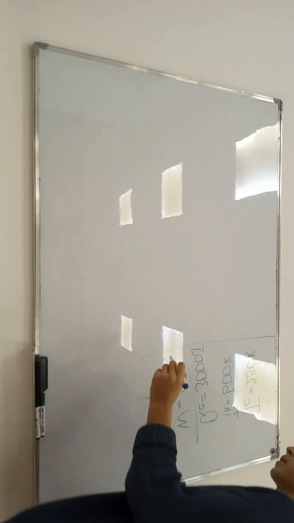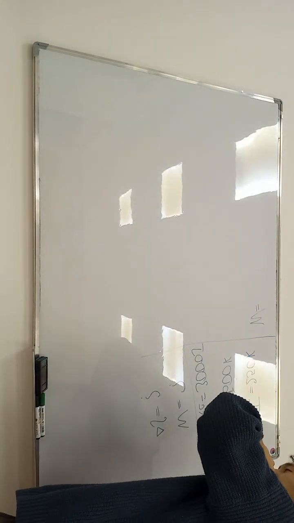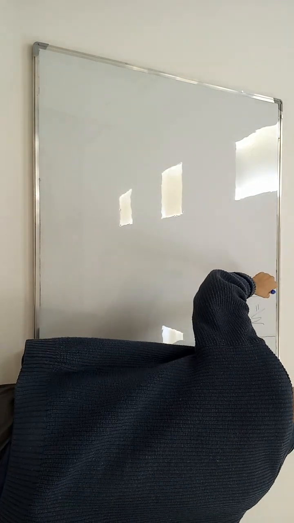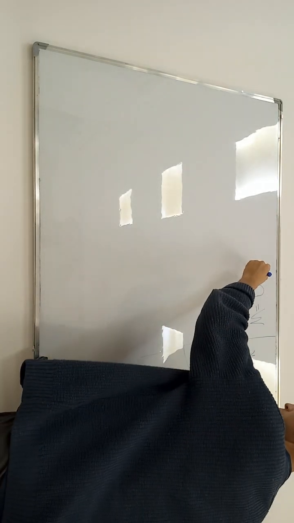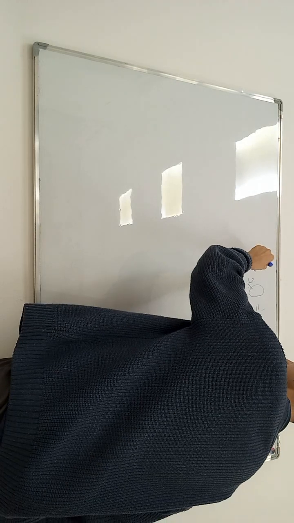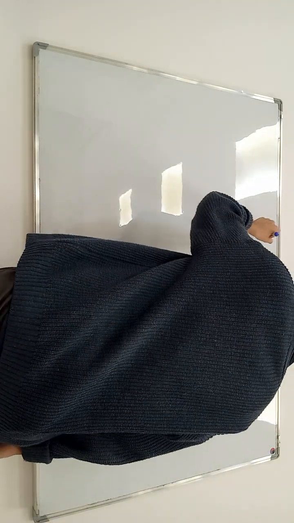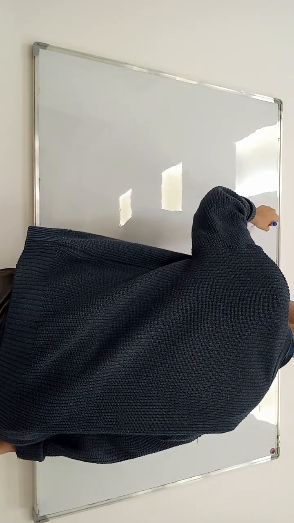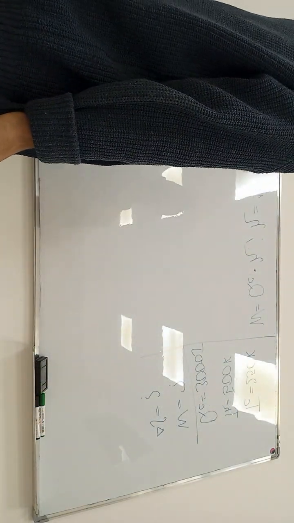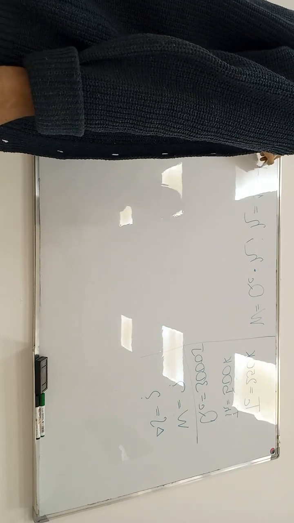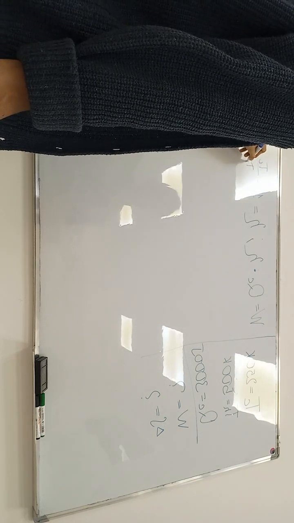To find the work done by the refrigerator, we need to use the formula: Q cold multiplied by efficiency. And to find efficiency, we use the next formula: 1 minus the low temperature reservoir divided by the high temperature reservoir.